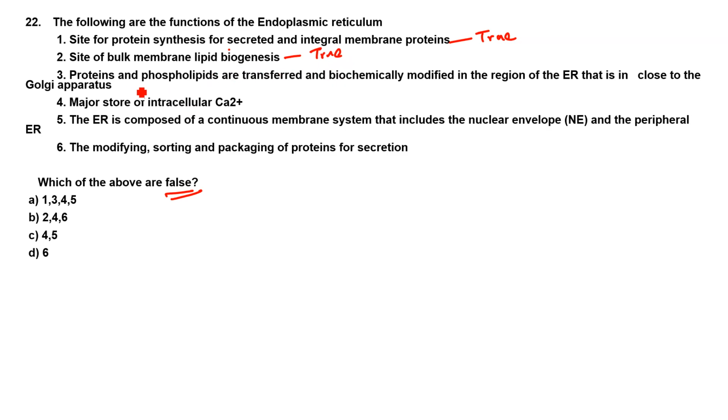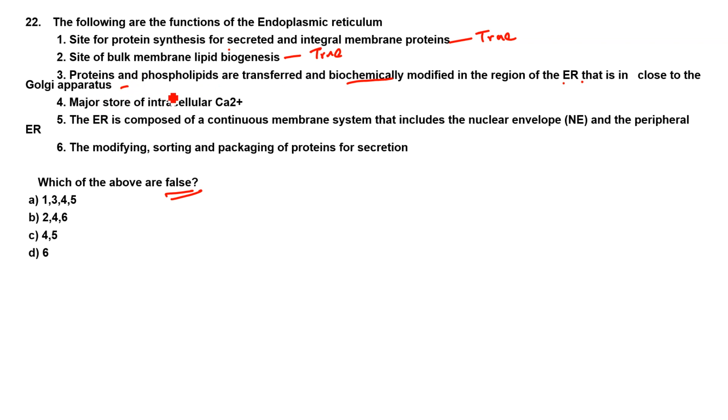Then statement 3: proteins and phospholipids are transferred and biochemically modified in the region of the endoplasmic reticulum that is close to the Golgi apparatus. No, this is actually true, right? Why will this be false? We just learned what is happening in the Golgi apparatus.